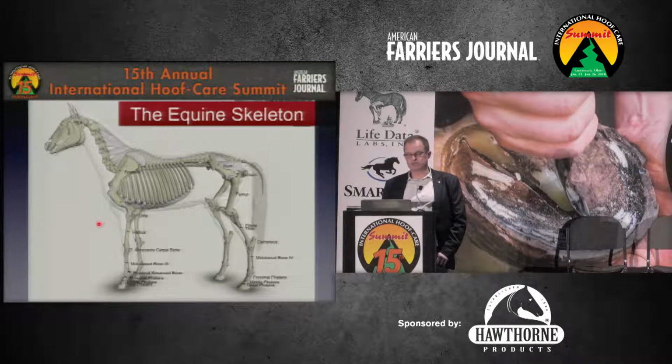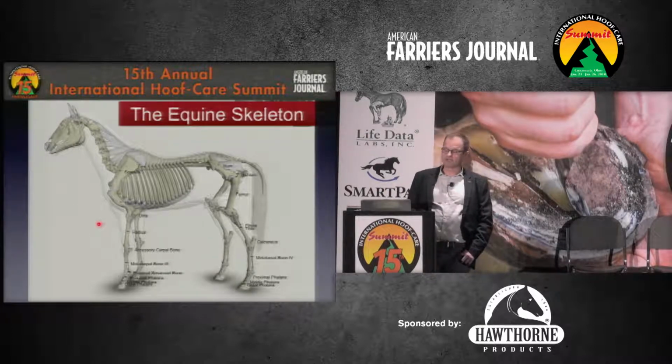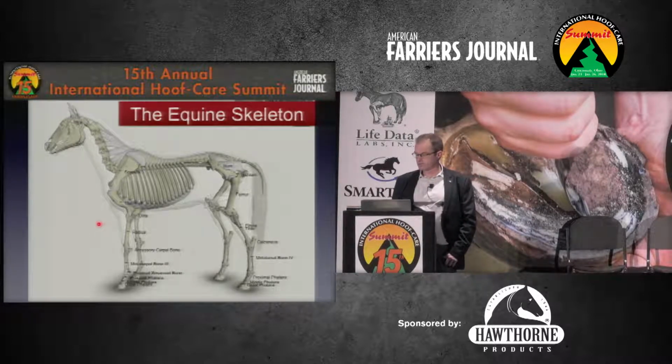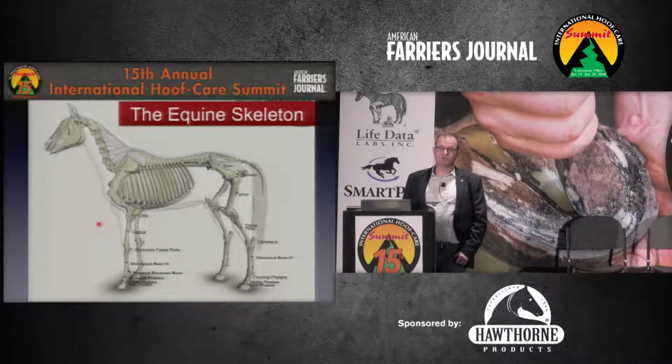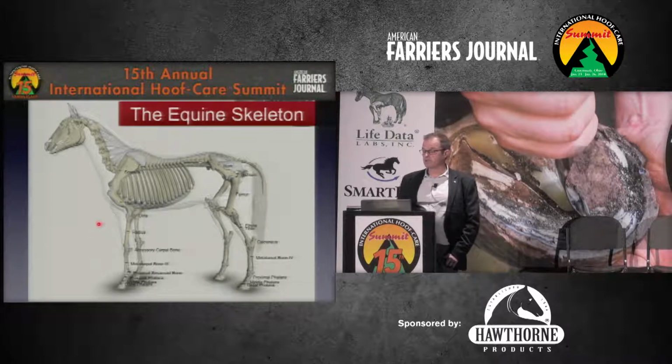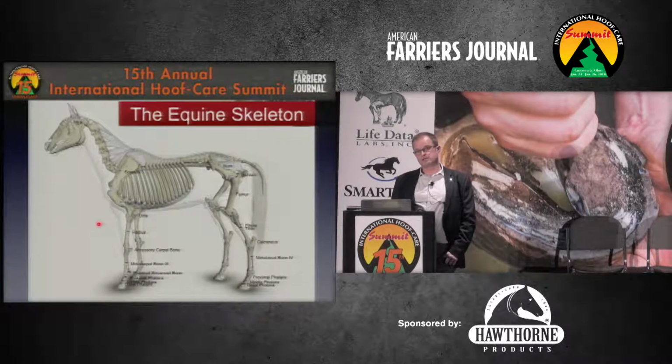So we're going to just discuss shoeing the whole horse and the skeleton. And remember, this was a frame I took from 3D Horse. It's a really good app. If anyone's seen it, you can get that on the iPad. And again, for my students, it's a really good reference point for the skeleton.